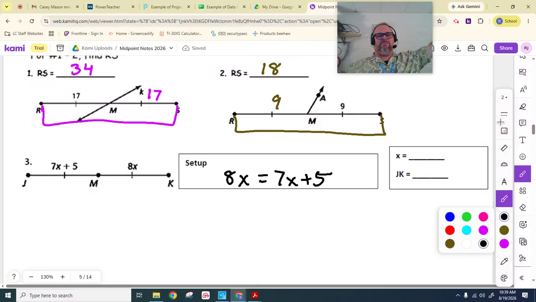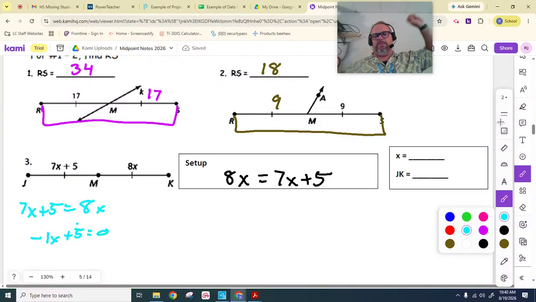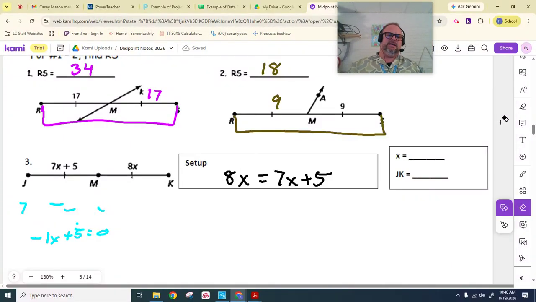That I would set it up over here. And this is why. If I set it up this way, when I move that 8x over, I end up with negative 1x plus 5 equals 0. A lot of people forget the 0 right there. Okay, so that's why I said do it with the 8x on the left-hand side.